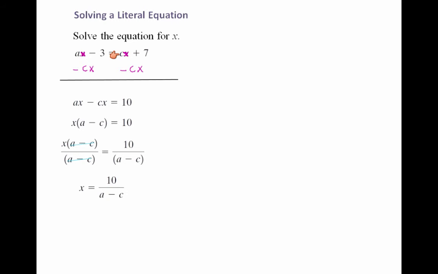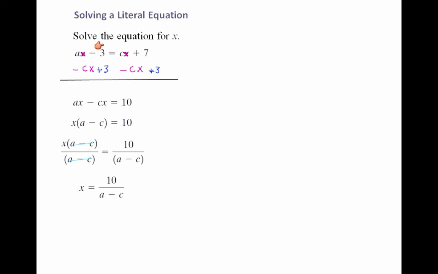Notice that cx minus cx would be equal to 0, and on the left-hand side I get ax minus cx. So I get all the terms with x on one side of the equation. Now at the same time, I can add 3 to both sides of the equation.